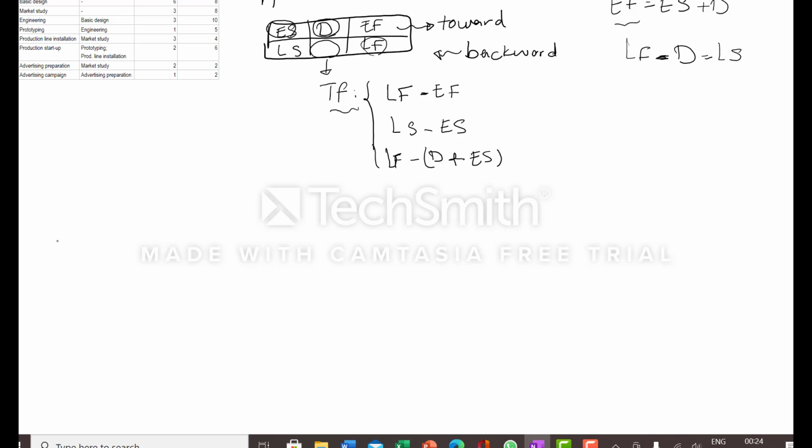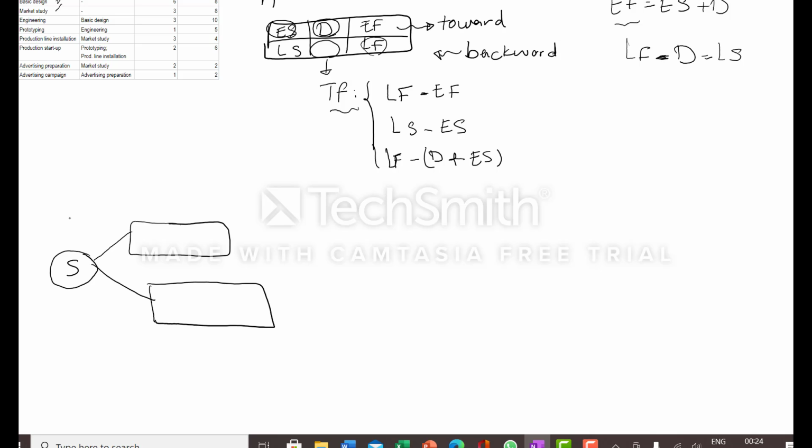Now I want to depict the AON diagram. The activities basic design and market study don't have any predecessors, so they can be linked to the start node, and it's assumed to be date 0, or it can start at 1.